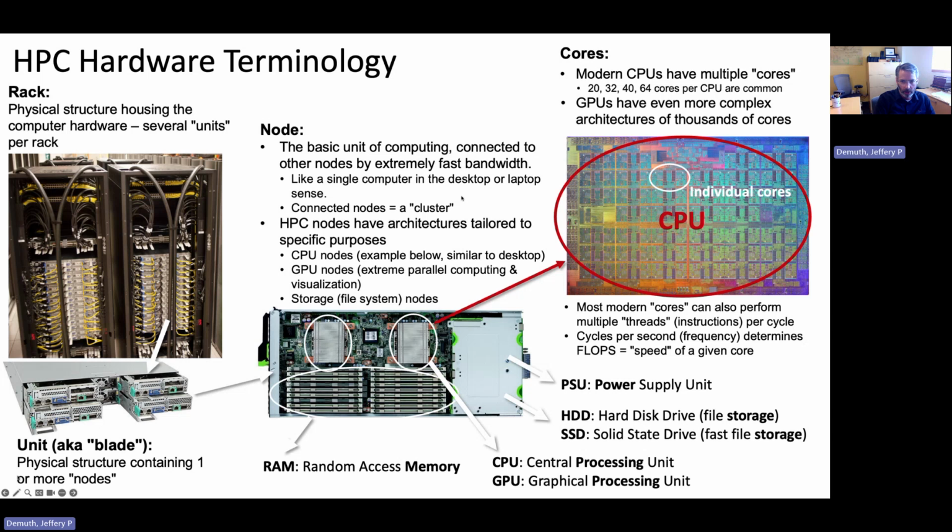When I keep throwing around hardware terms, you can go back to the slide and sort of at least get localized in terms of what scale we are talking about. When we talk later about submitting jobs, how many cores are we going to request? Well, if we have to reserve one node and that node has two CPUs with 64 cores on each processor, that means there are 128 potential cores on the node that we reserved.